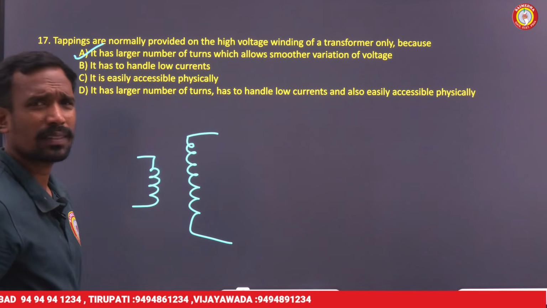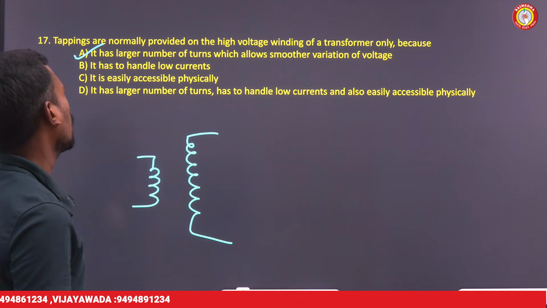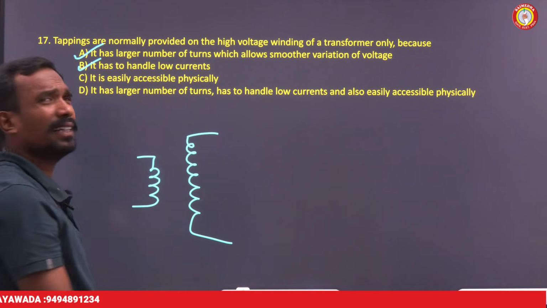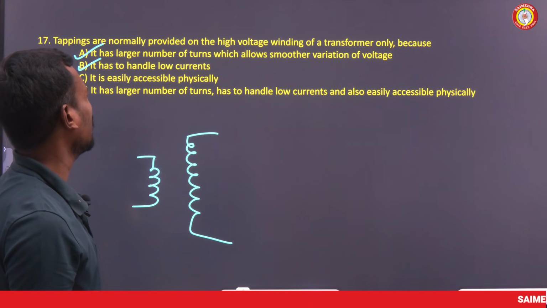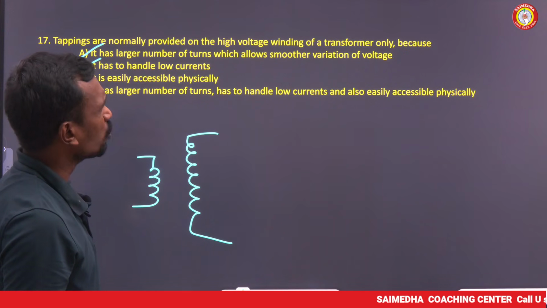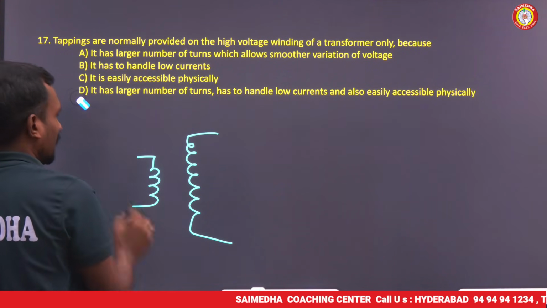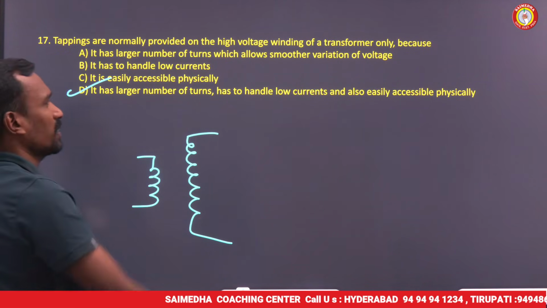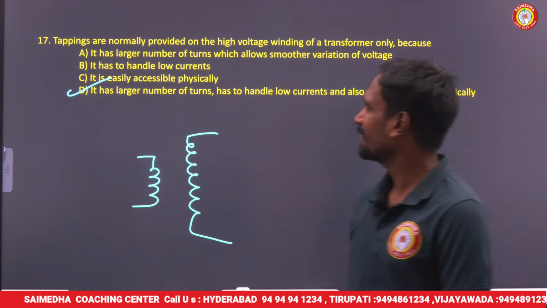It has to handle low currents, of course, on that side low currents will be there. It is easily accessible physically. It has a larger number of turns, handles low currents and is easily accessible. All are combined in the last option. That's why we use tappings only on the HV side.